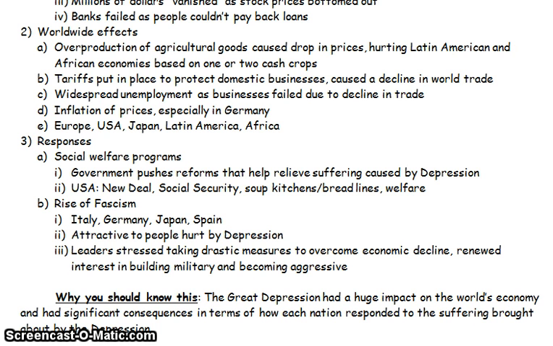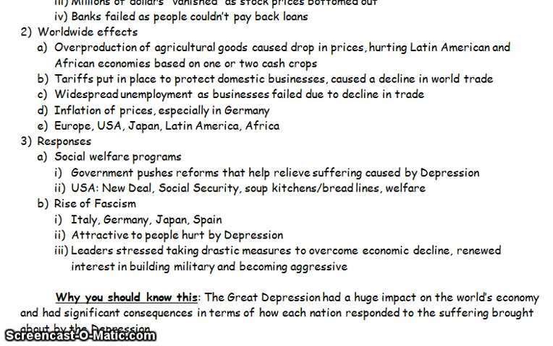Europe, the United States, Japan, Latin America, and Africa are also going to be experiencing all these problems as well. And so people get very scared, and they start turning to more radical governments. You're going to get a lot of social welfare programs that start during this time period, and this is a new form of economy by Keynes, and basically what it's talking about is the government should increase their spending.